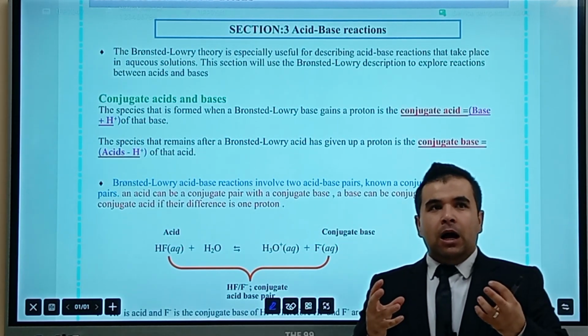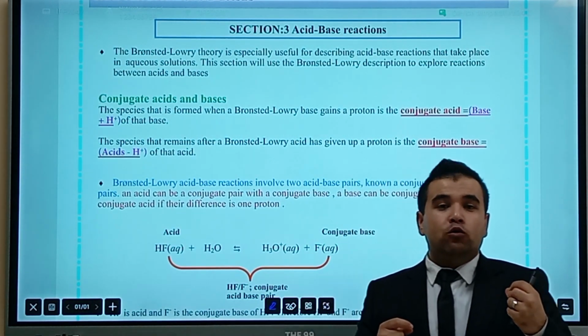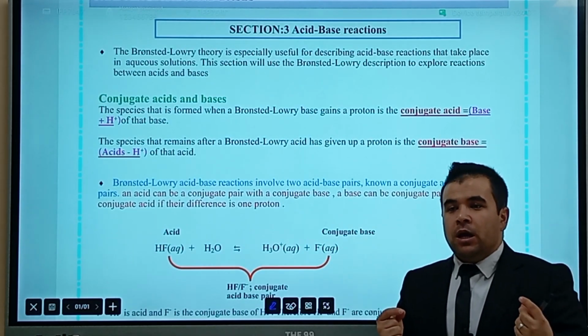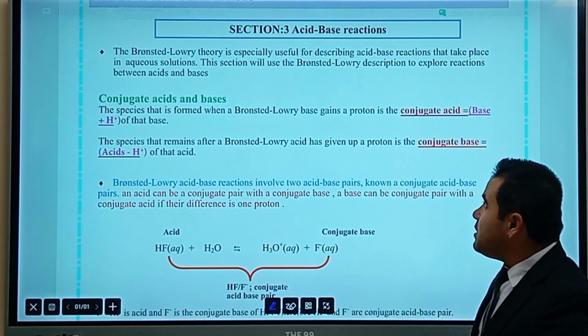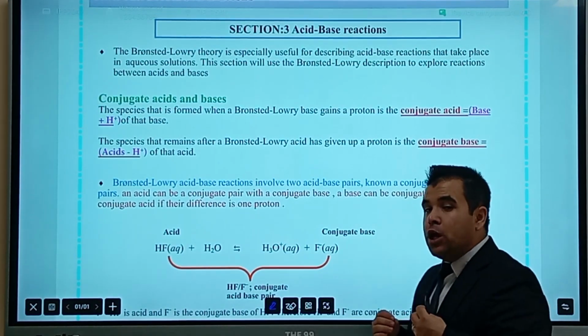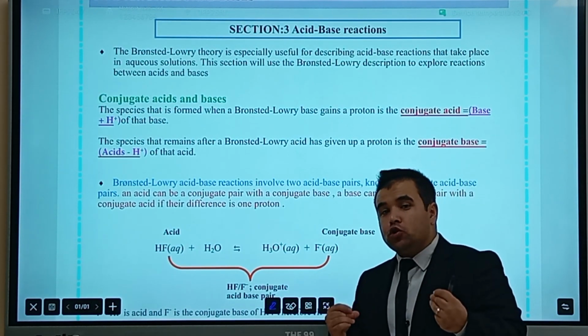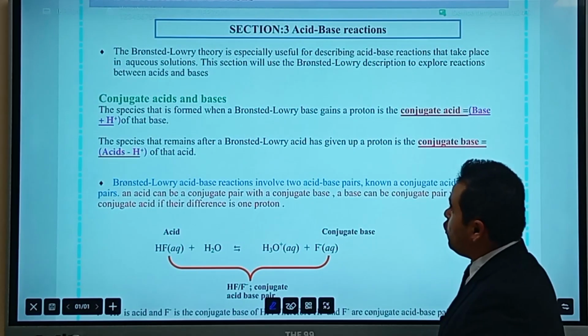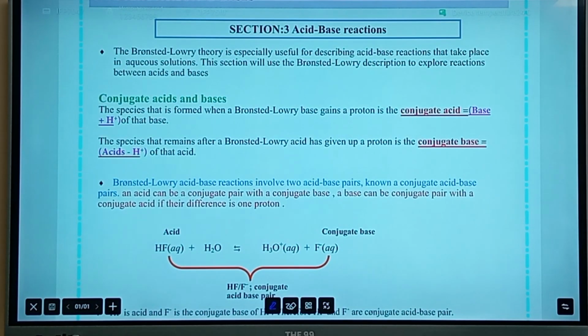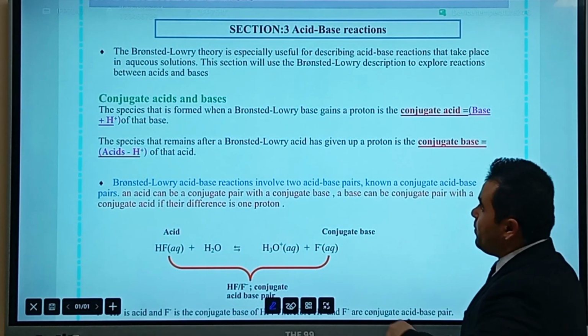But which of those definitions defined the conjugates? It was Bronsted-Lowry. So in this section, we will talk about the Bronsted-Lowry definitions for the term conjugates.